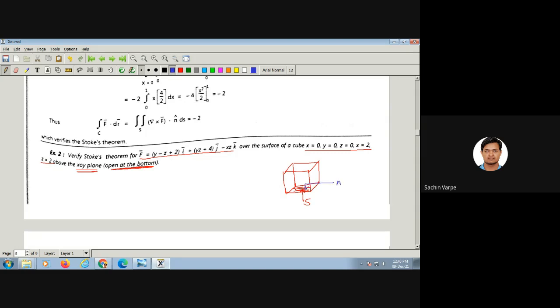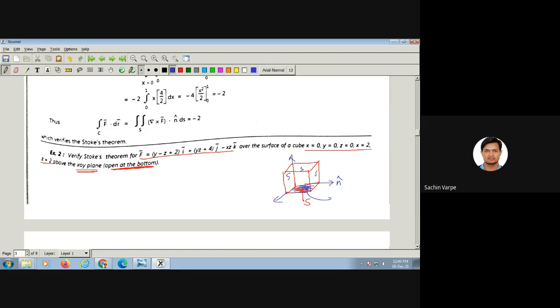What is n cap here? If this is z axis, this is x axis, and this is y axis, then what will be n cap for this particular surface? See, we have to consider only this bottom surface for the Stokes theorem because the raised surface is closed with the remaining five surfaces.